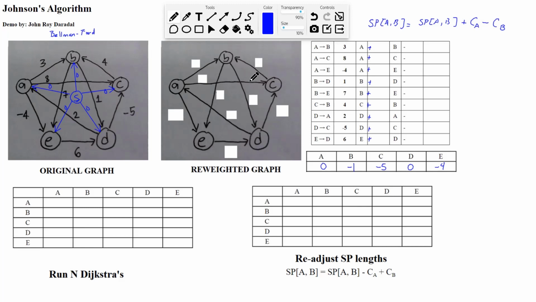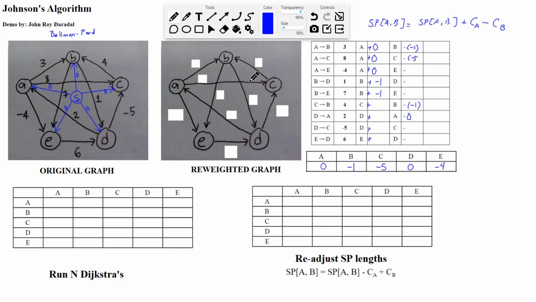what do you call this, the first endpoint. So for all A's, that would be plus 0, 0 here. For B, that would be negative 1. So minus negative 1, plus negative 1, negative 1. Are there any other B's? There's also one here. And then for C, that would be negative 5.